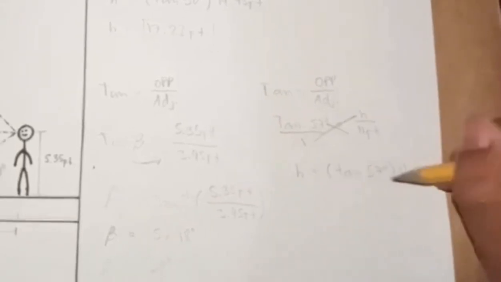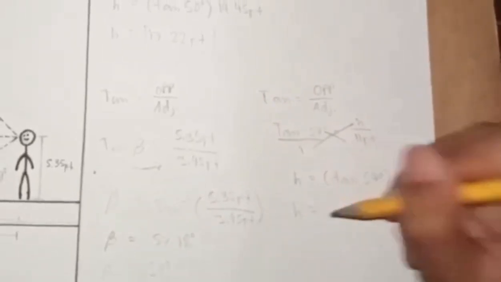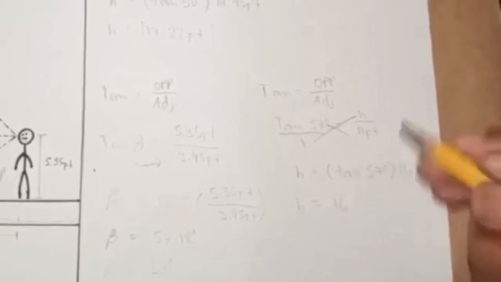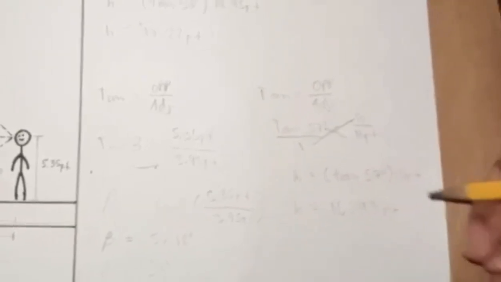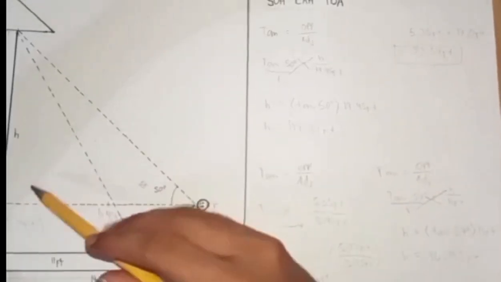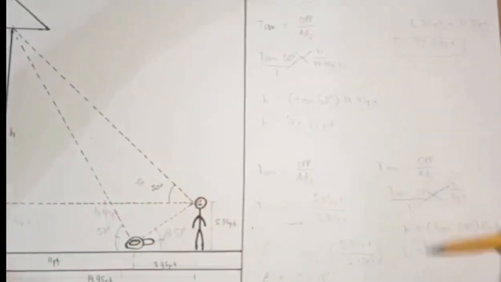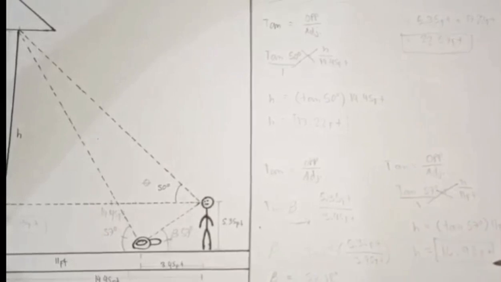Then solve. We get 16.93 feet. So the height of the wall of the building is 16.93 feet.